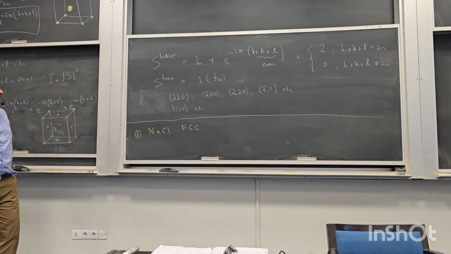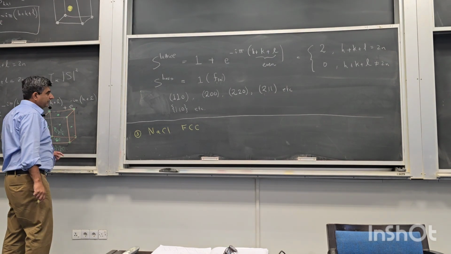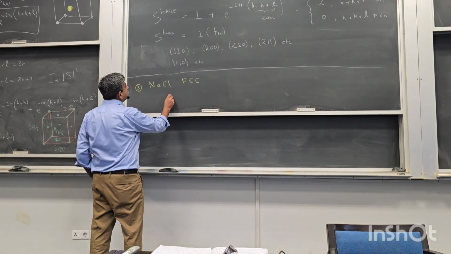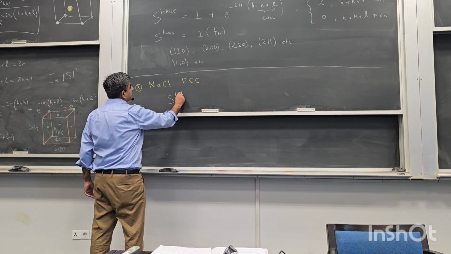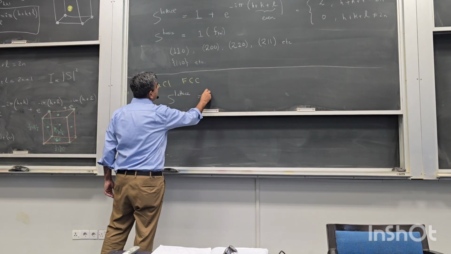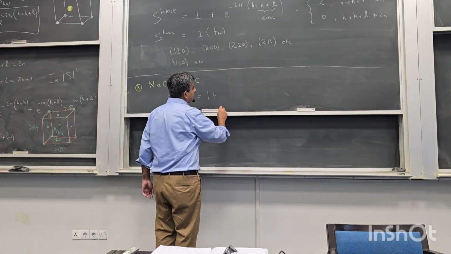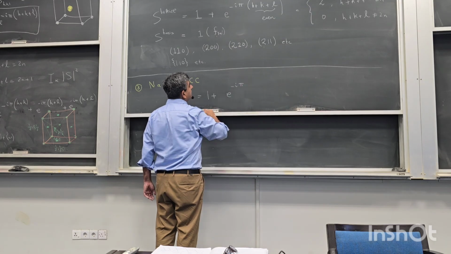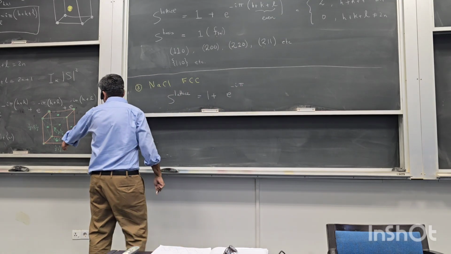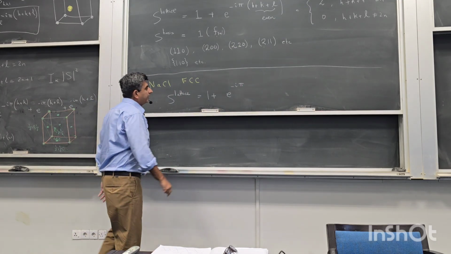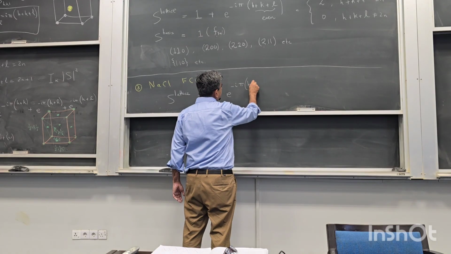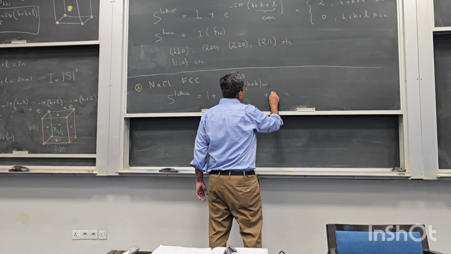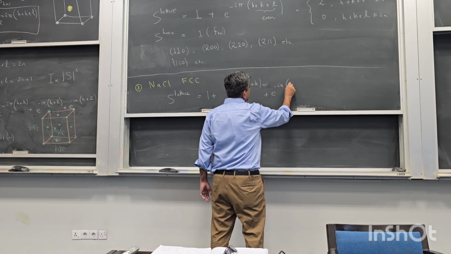Now, if I were to look at the structure factor for this lattice, FCC structure, it's going to be 1 plus e to the minus i pi, 2 pi over 2 with 2 terms. So I get minus i pi (H plus K), (H plus L).